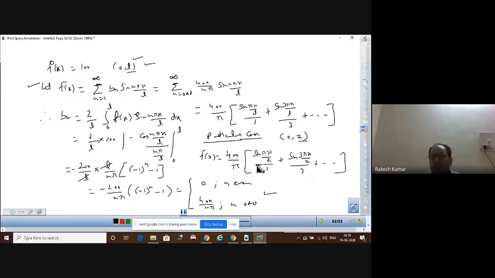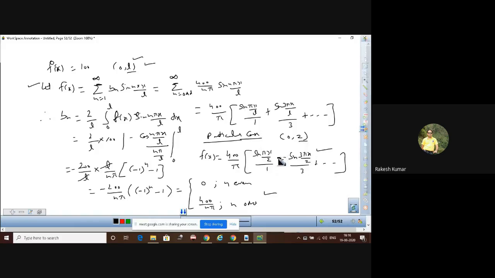So the series will be in the form of this interval 0 to 2. As a particular case, they can give you any interval. Suppose they give you 0 to 1, so we'll use the value of L as 1 and write down the series. This is the way we can find the half range sine series.